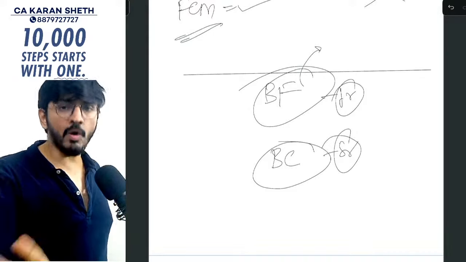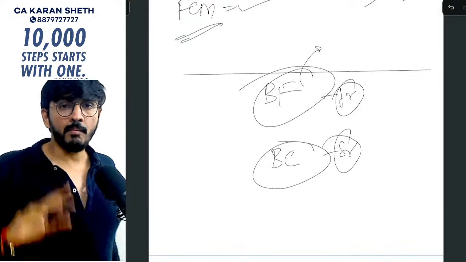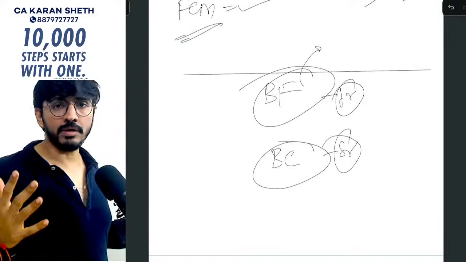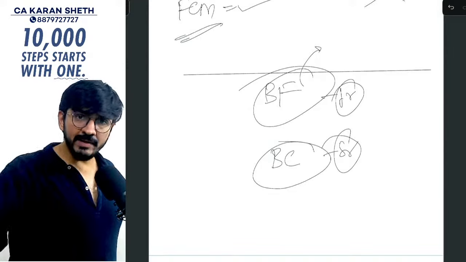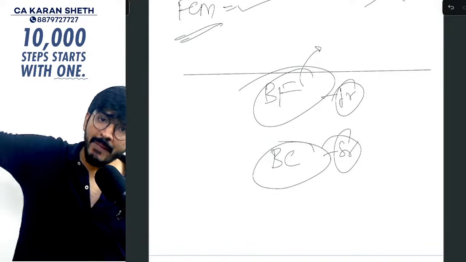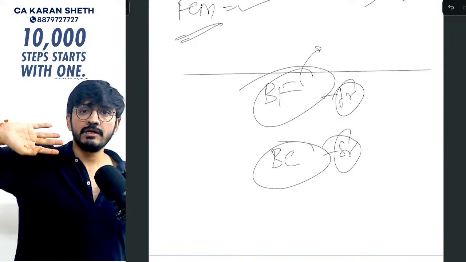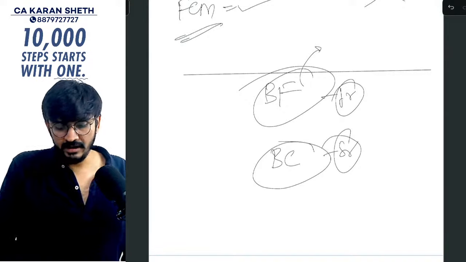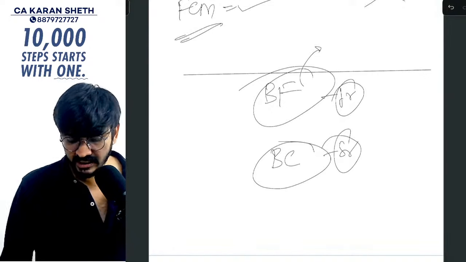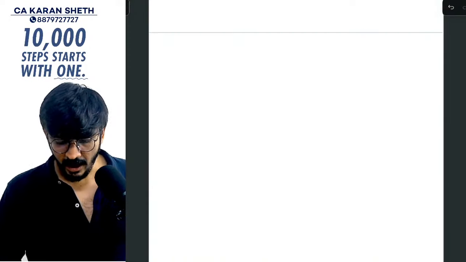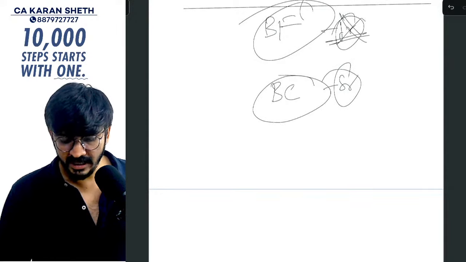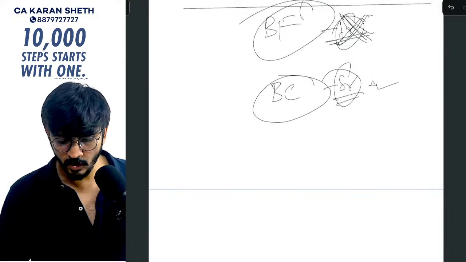The ticket size is small, from 50,000 to 1 lakh, but he has the authority to sanction the loan. BF only makes the report and then it is the bank who decides to sanction the loan or not. So BF is junior, BC is senior. And always remember, junior never does any work. It's the senior who does all the work.